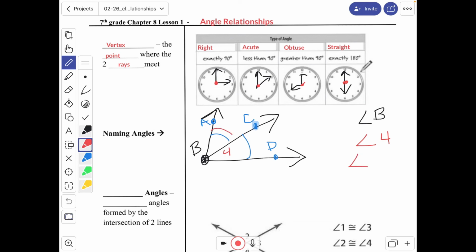If I want to show this angle right here, I need to name it angle A, B, C. Again, the vertex is in the middle. And if I want to talk about this angle over here, this would be angle C, B, D. The vertex is still in the middle, but I named these letters, these points, so I know that I'm talking about this angle over here.